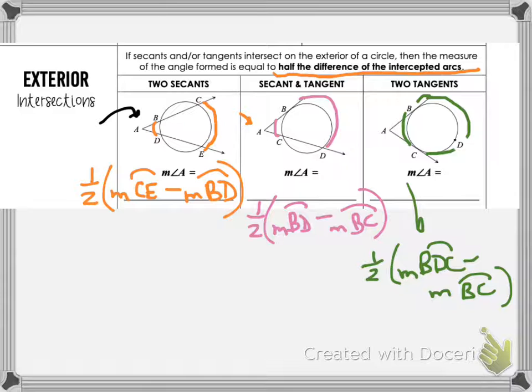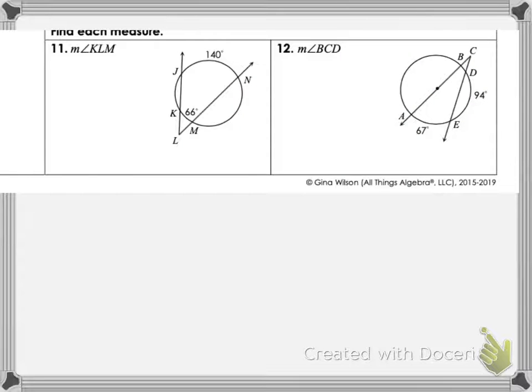Okay, so that's the relationship we're going to practice in the next 2 slides. And hopefully you'll get the hang of it. There's some algebra involved. Here we have an example of the same situation, an exterior intersection. So the measure of angle KLM is going to be equal to 1/2 the difference of the intercepted arcs, which would be this one and this one.